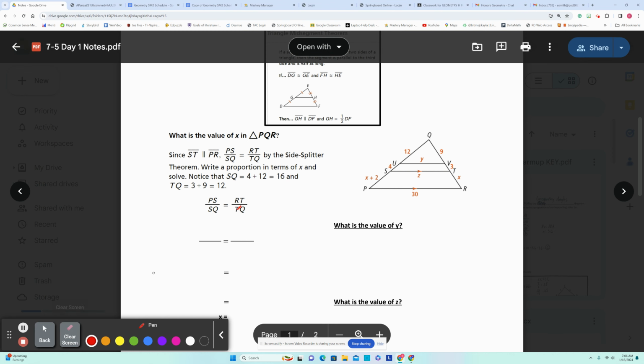So your best idea here is to add these up. SQ is 4 plus 12, which gives us 16. So from here to here is 16. And then TQ is 3 plus 9, so from here to here is 12.